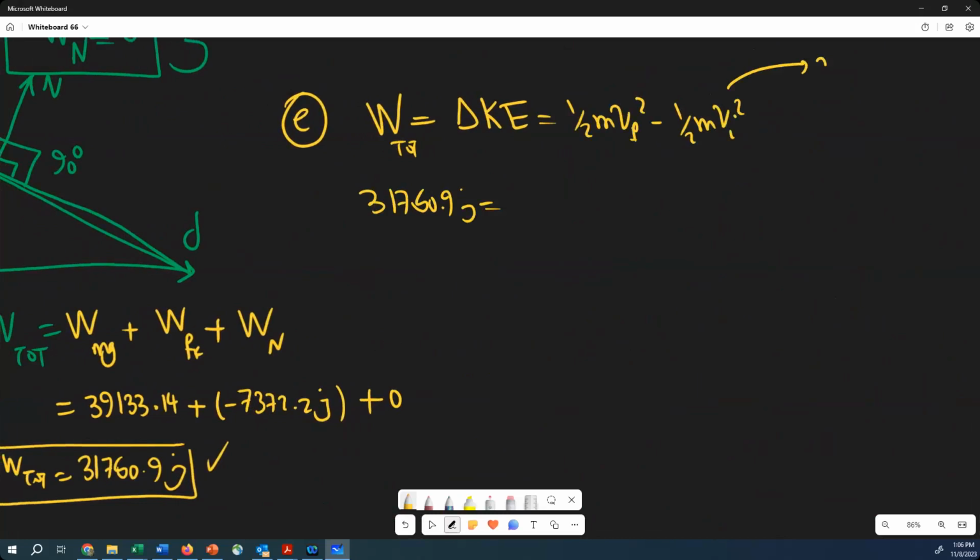We already have v initial: 2 meters per second. Good. Okay, we can calculate the final velocity. 1 over 2, what is the mass? 250. So 1 over 2 times 250 times v final squared, minus 1 over 2 times 250 times 2 to the power of 2. Good.